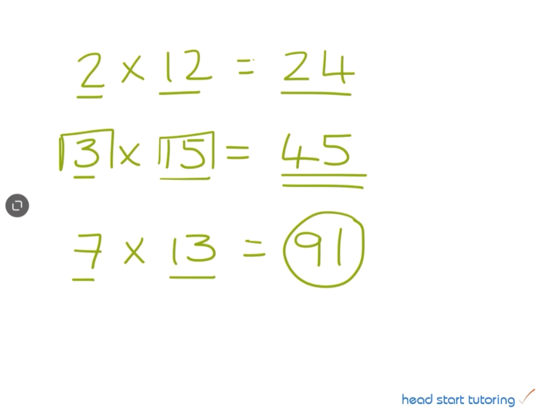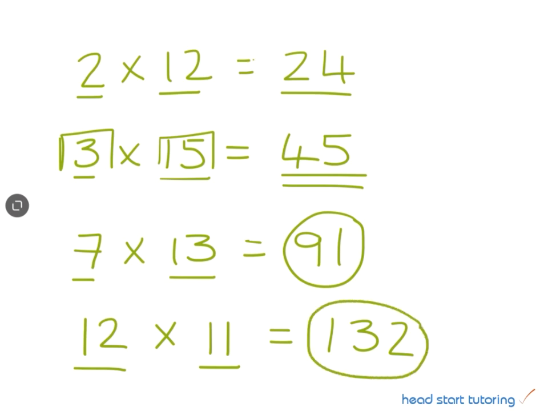Let's have a look at 12 times 11, which is equal to 132. 12 would be a factor of 132 because it fits into 132 perfectly 11 times, and vice versa. 11 is a factor of 132 because it fits perfectly into 132 12 times. So 12 and 11 are factors of 132, and 132 is a multiple of both 11 and a multiple of 12.